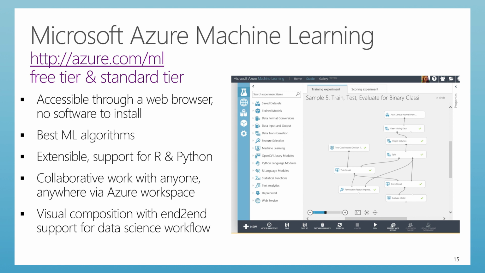It also contains many different machine learning algorithms, many of them from other Microsoft products, for example, Bing or Xbox. So there is a pretty solid set of algorithms. It also has an extension to support R or Python, so you can include R or Python code in the experiments. And you can also work with anyone in the world by using the workspace sharing function.